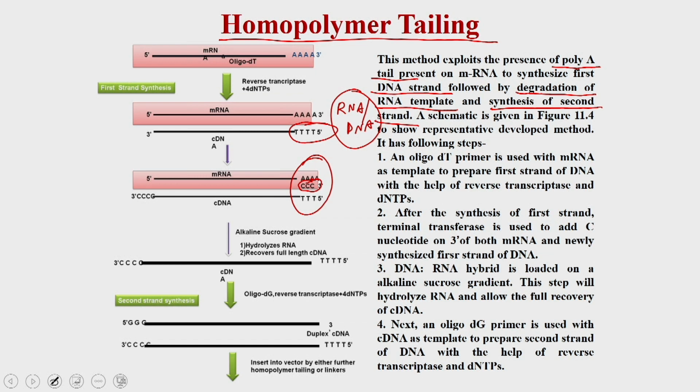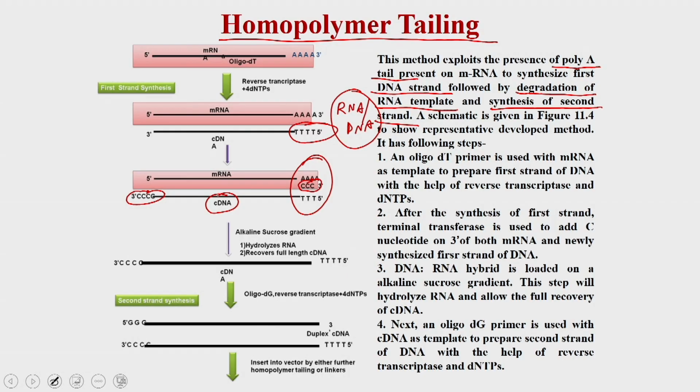Once you do that, it is going to put the CC on the 3 prime end of both the strands. In this case, it is going to put on this side, and in this case on this side. So, you are going to have the CCC on the DNA strand, because you have used the terminal transferase, which puts the CCC on the DNA at the 3 prime end.